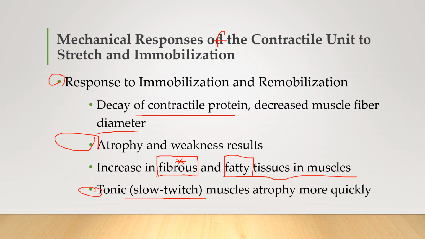They have a really high resistance to fatigue. Well, if we're not stressing them, again, remember the body responds to stress. If we're not stressing them, then why would they remain intact? Why would they resist atrophy? They won't. So postural imbalances are going to show up very quickly with immobilization because these tonic, slow twitch, type 1 muscle fibers atrophy at a quicker rate than those type 2.